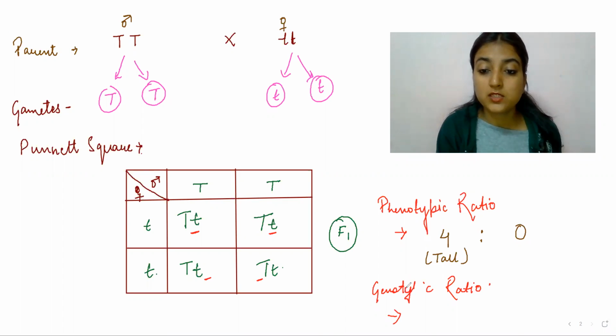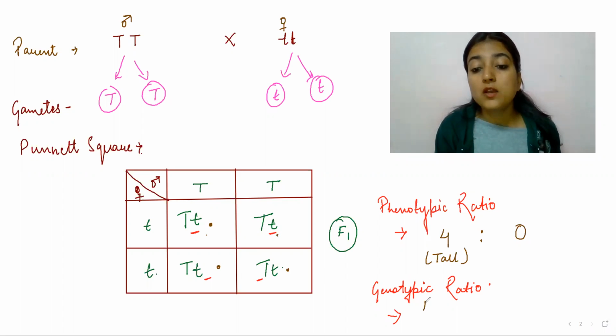This is capital T with small t, which means the dominant and the recessive are both present here. That's why it will be heterozygous in nature. So this is hetero, this is hetero, this is hetero, and this one is also hetero. So again the ratio will be 4:0, where 4 is heterozygous and none is homozygous.